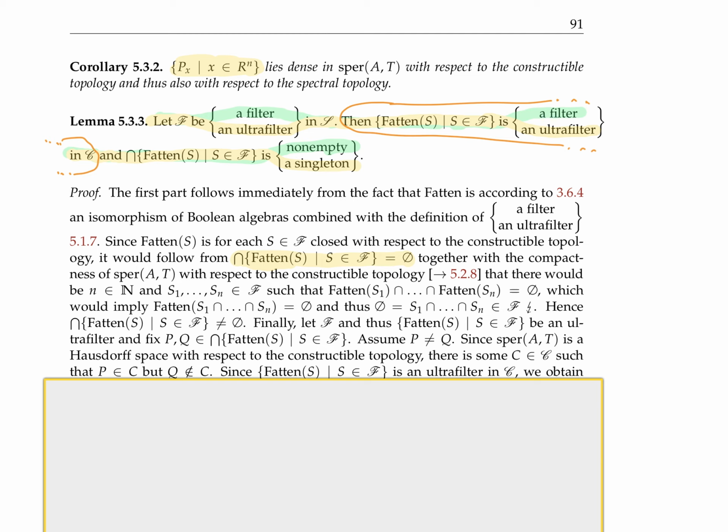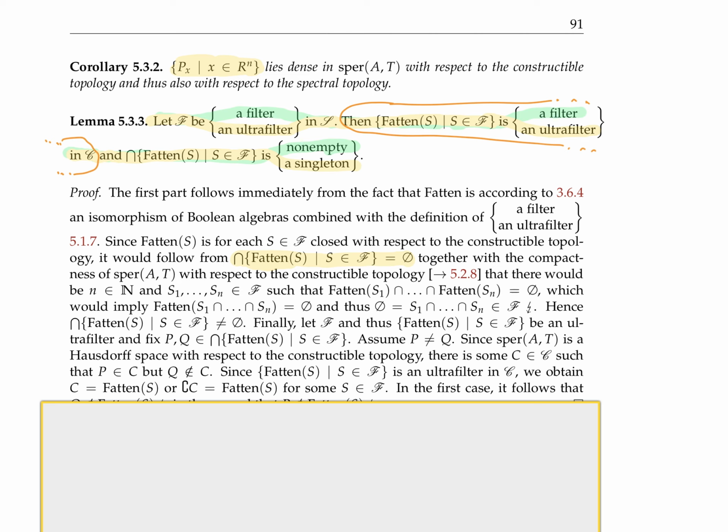So I can actually take a constructible set C that contains P as an element, but not Q. And since this is an ultrafilter in the Boolean algebra of constructible subsets of the real spectrum of A_T, we obtain that C is in this ultrafilter, or the complement of C.